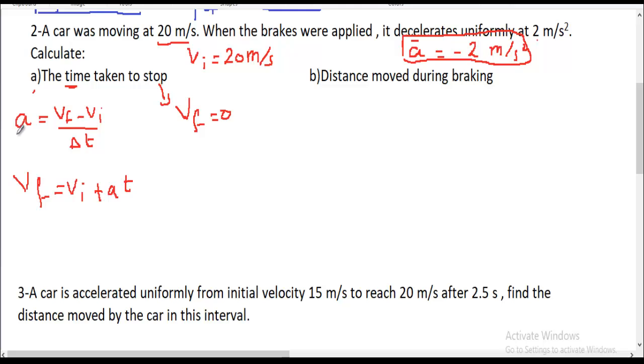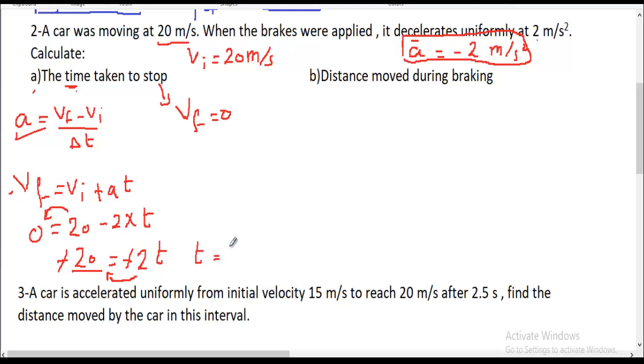If you use this or this, it's the same. Vf equals 0, Vi equals 20, acceleration has a negative sign, so it is negative 2, and the time is what we need. So 20 will go to the other side with a negative sign: negative 20 equals negative 2t. Negative cancels negative, 2 goes to the other side with divide, so t equals 20 over 2 equals 10 seconds.